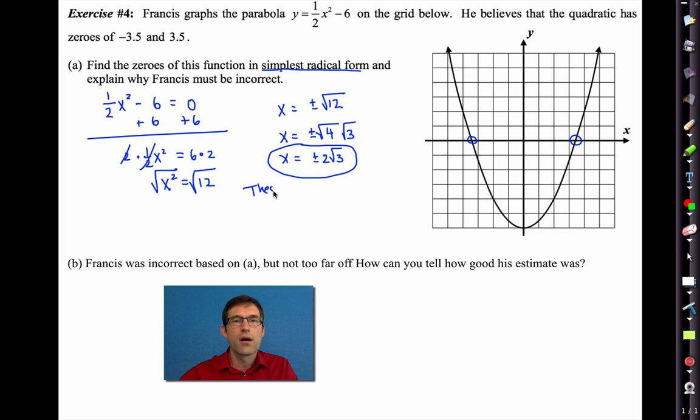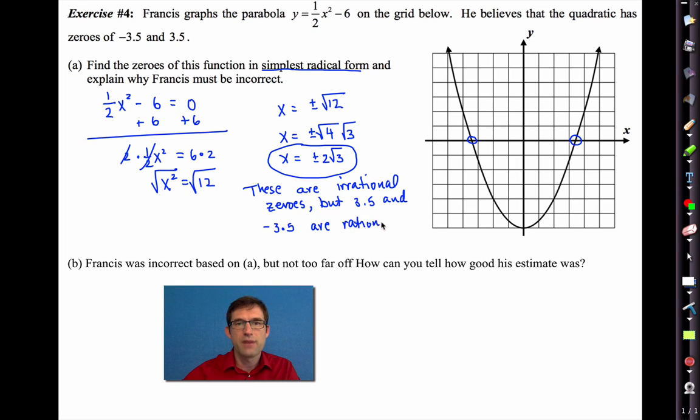These are irrational zeros. But 3.5 and negative 3.5 are rational. All right, so it's interesting.